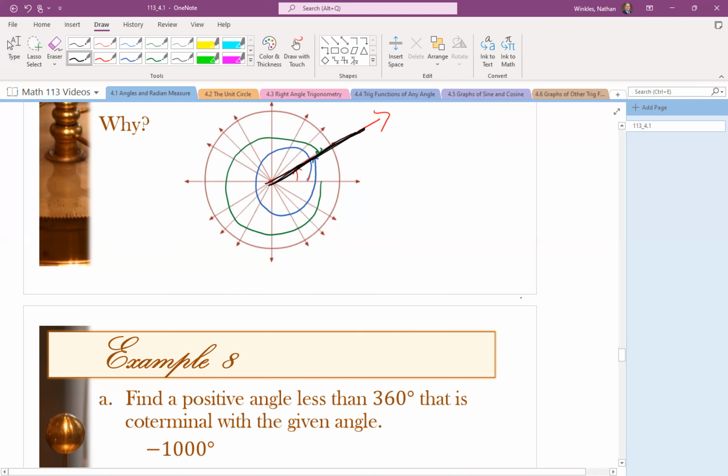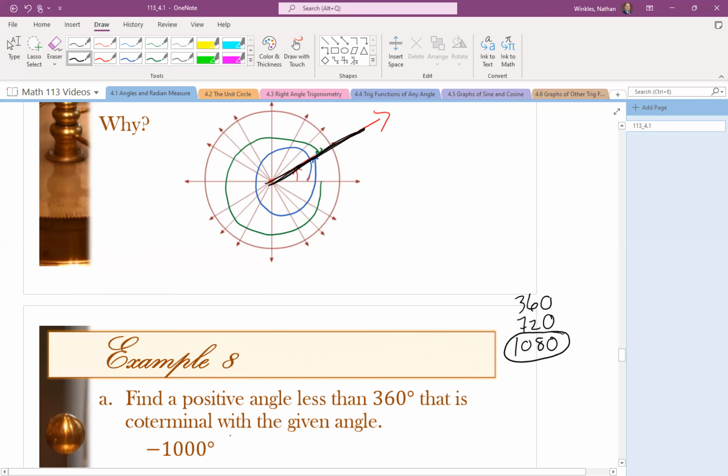So we would have 360, 720, 1,080. So this is my first number that is positive and above negative 1,000 there.